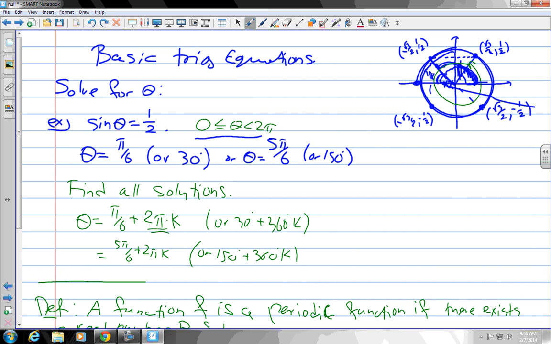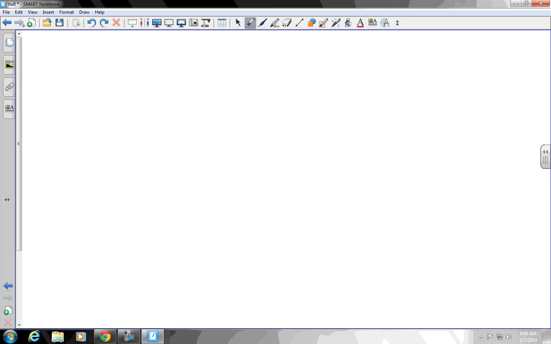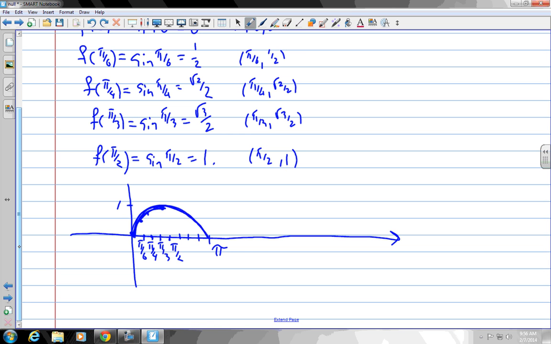And they're going to get all the way to -1, right? So if I use that same logic, this is 2 pi, 3 pi over 2. They'll get negative and get all the way to -1 and then come back and I'll get to 0.